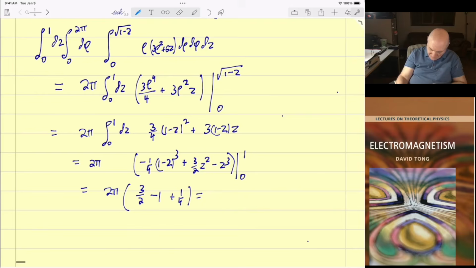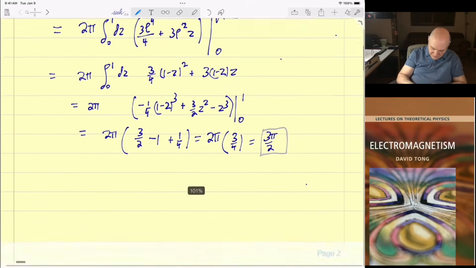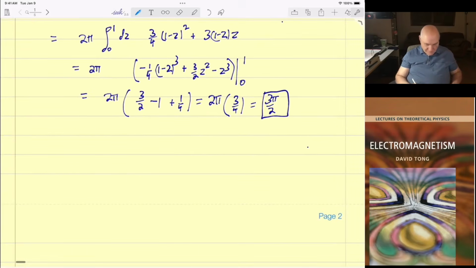Definitely did that wrong. Okay, this is 2 pi times 1/2 plus 1/4, 3/4. This is equal to 3 pi over 2. So that's what the divergence theorem gives us by the volume thing.